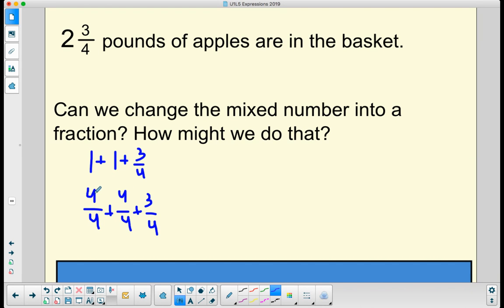So I would have 4 plus 4 is 8, plus 3 is 11, and the size pieces would still all be 4s. So there would be a way to change 2 3/4 to a fraction greater than 1.